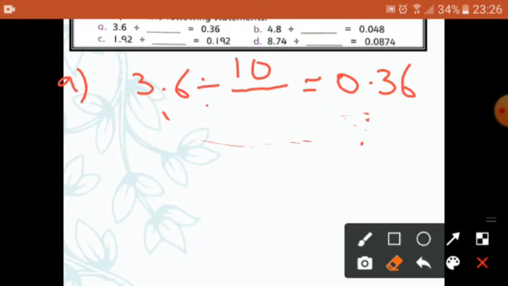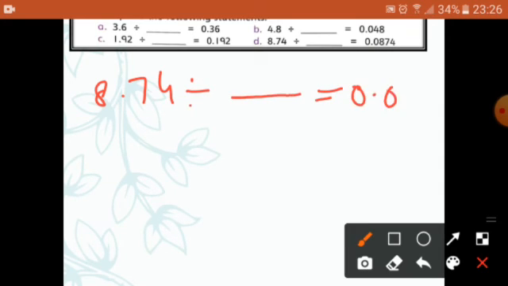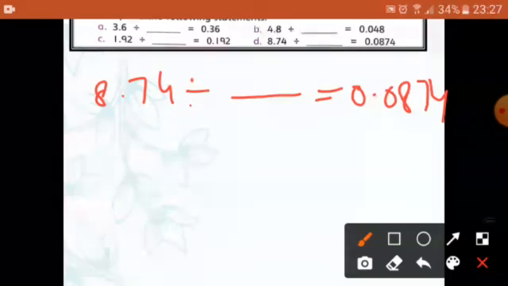Now see here is another example. Let's take example of D part. D part says that 8.74 divided by dash and then 0.0874. Now see how many decimal places the decimal point is moved, because the number is not changed. 874 non-zero digits are same, so that means only there is a movement of decimal point.